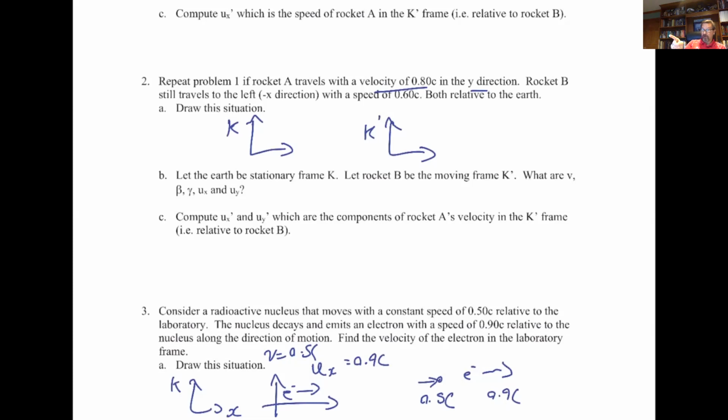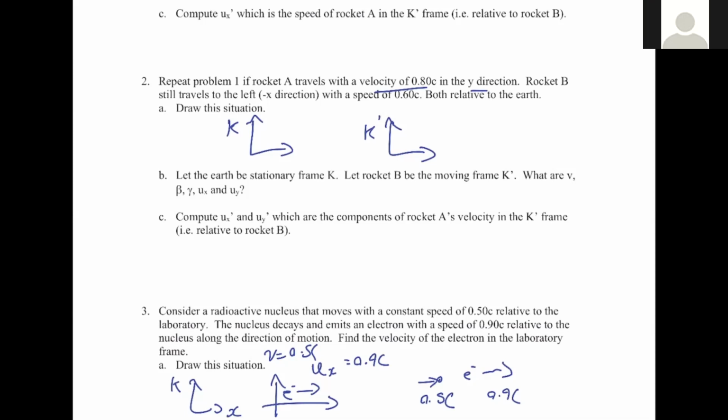So the stationary frame K, that's the Earth, right? And you're measuring rocket A at 0.8 C in the y direction. That's relative to Earth, right? Yeah, so in the K frame, you've got a rocket moving in the y direction at 0.8 C, and the K frame is the Earth's frame.